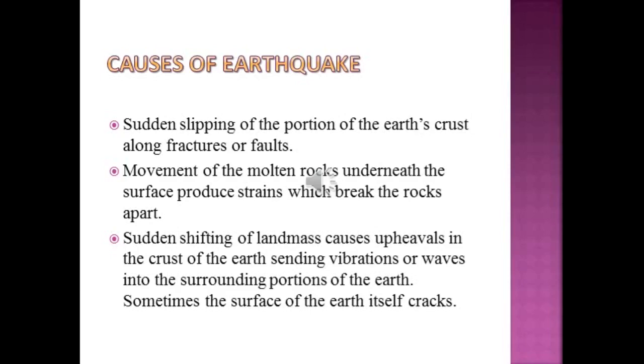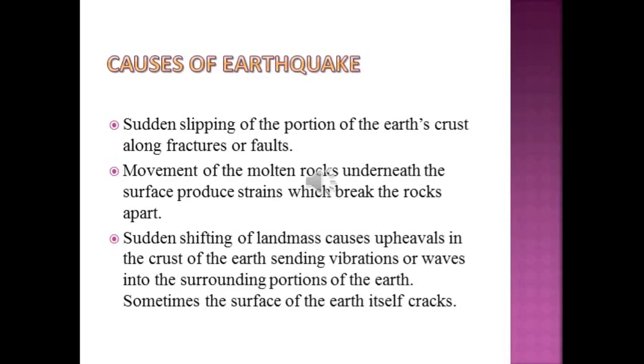And also these molten rocks, since they are in the molten state, the crust floats over this molten state, and the plates often collide with each other. So the plates collide with each other, and that causes vibrations which are felt on the surface of the earth's crust as earthquakes.